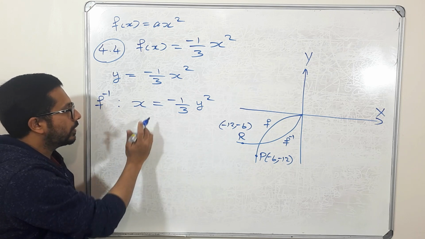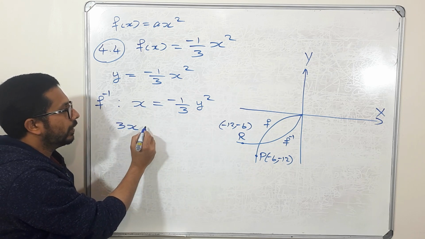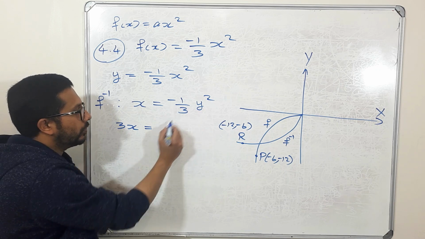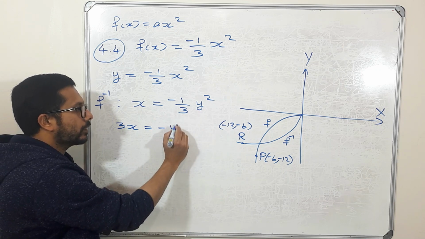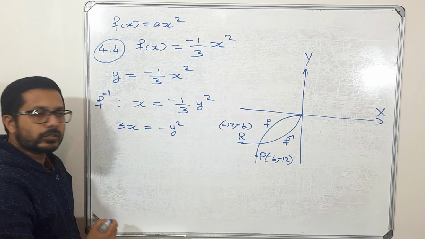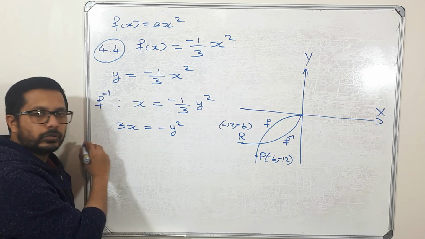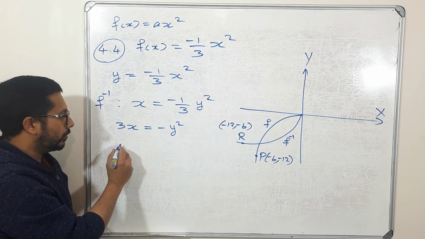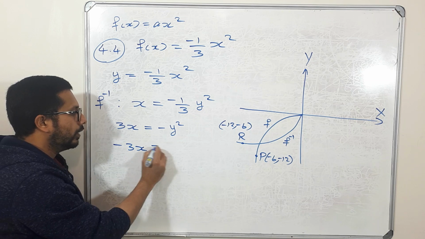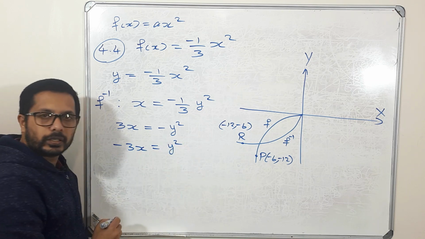So 3 into x is 3x is equal to minus 1 into y squared, that is minus y squared. Throughout, multiply with a negative. So minus 3x is equal to y square.